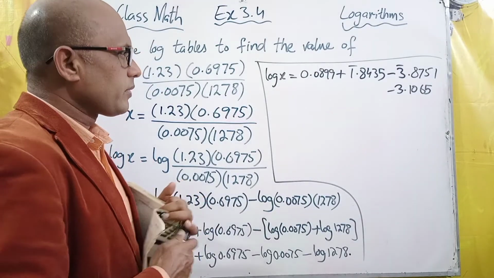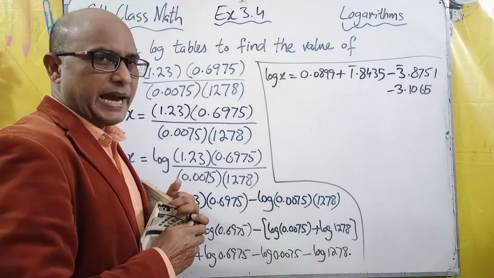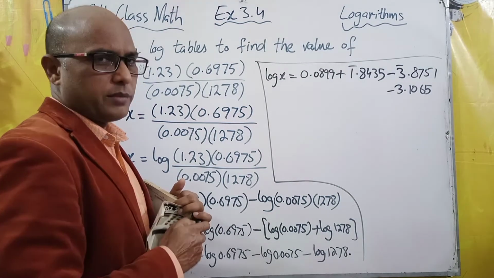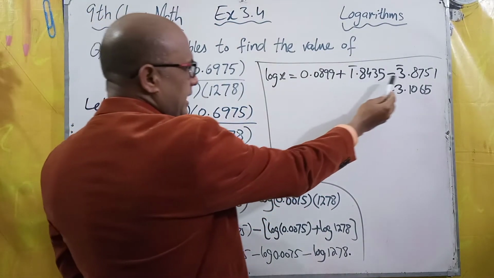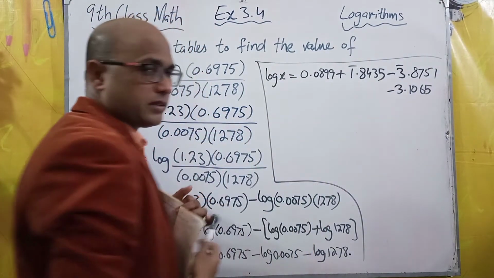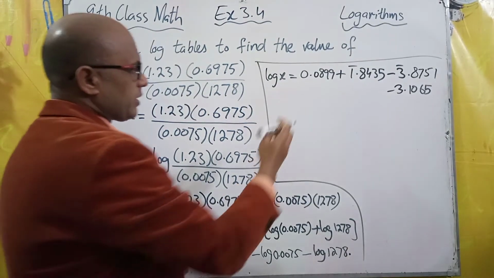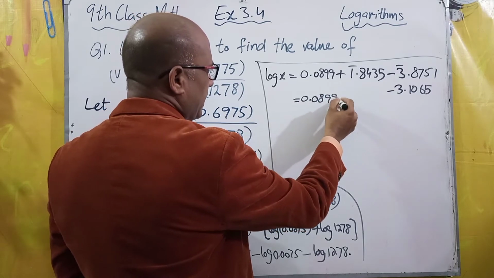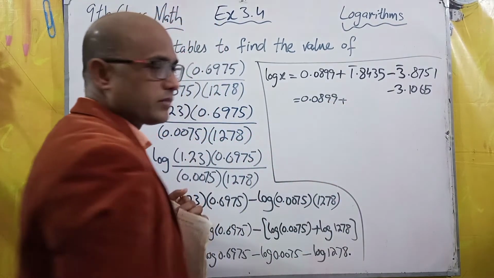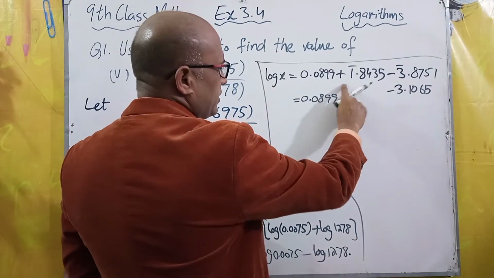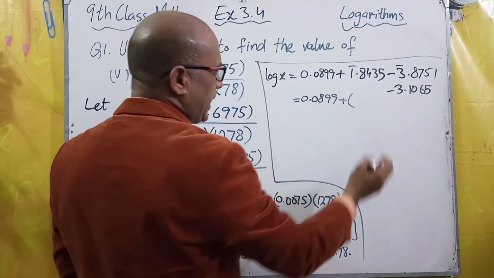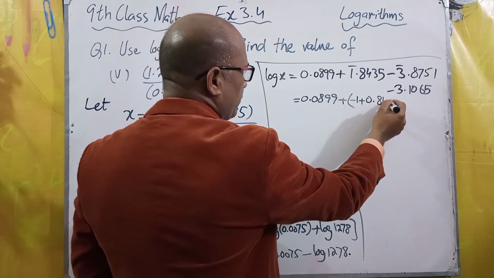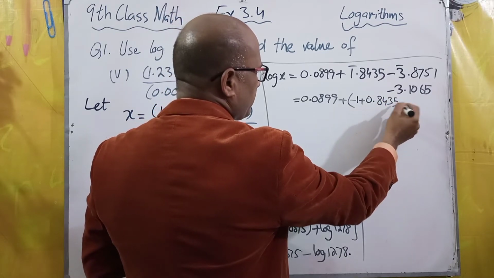Now students, we have to add and subtract these numbers, but there are two problems here with minus signs. So we'll express them first. Students will write here 0.0899 plus, and we'll express this number in bracket, minus 1 plus 0.8435.